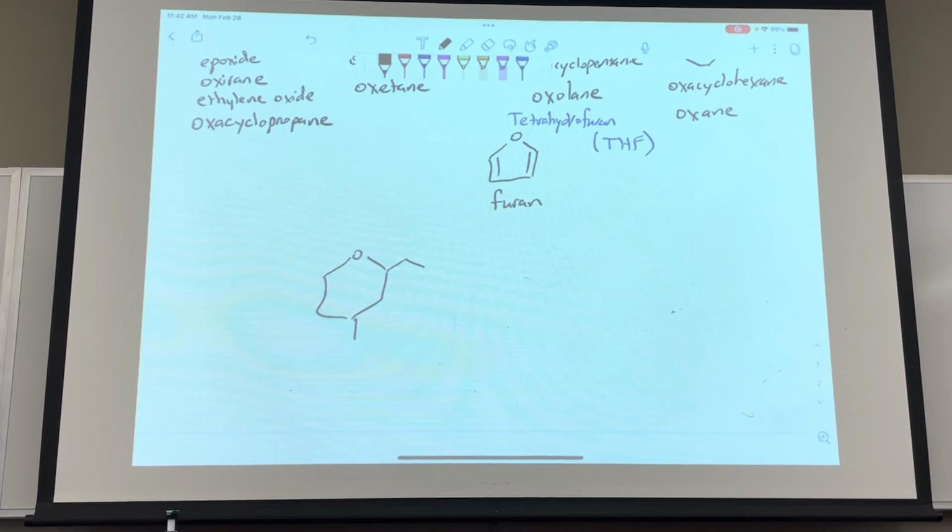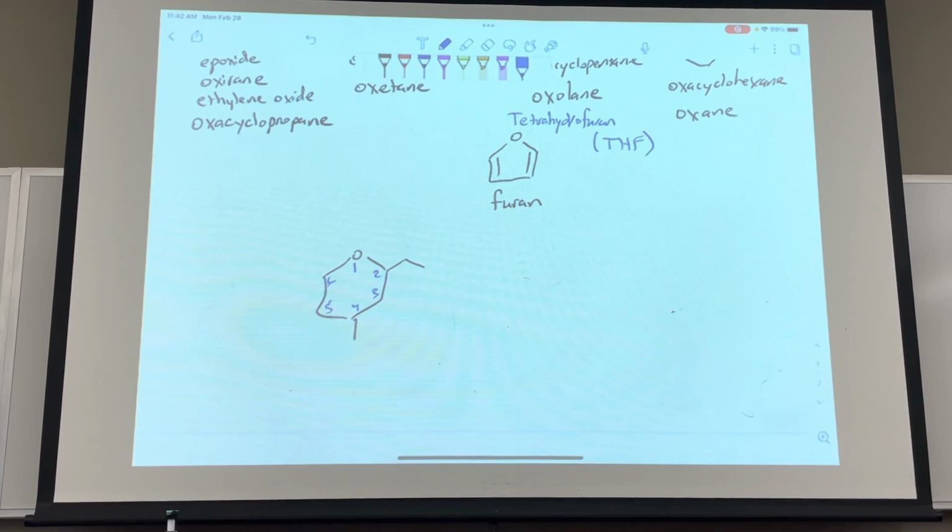That's the only little trick to naming these. The oxygen is position one, and then you follow the normal rules of rings. You can number clockwise or counterclockwise. Here I'm better off going clockwise because that's where I encounter my first substituent. So we'll number it around like this.